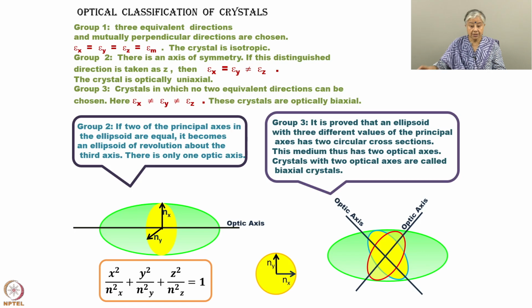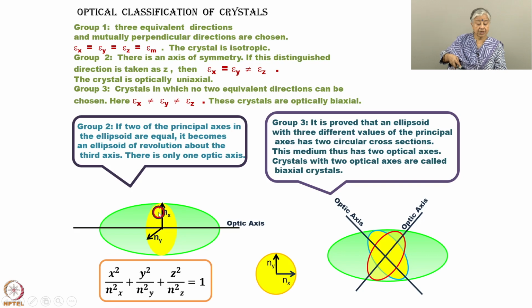For example, along the optic axis, the E ray and the O ray see the same refractive index. But if you have a direction somewhere here, the E ray sees a different refractive index, though the O ray, wherever it goes, sees the same refractive index.